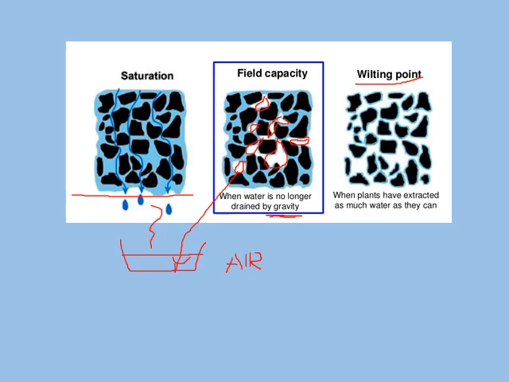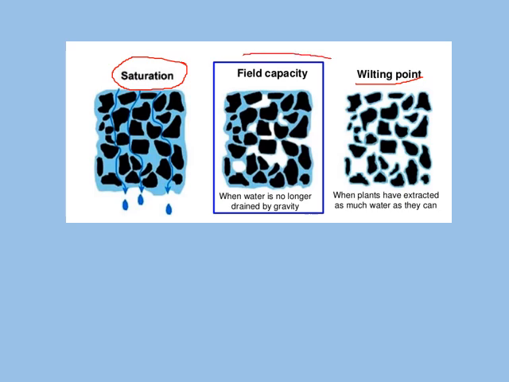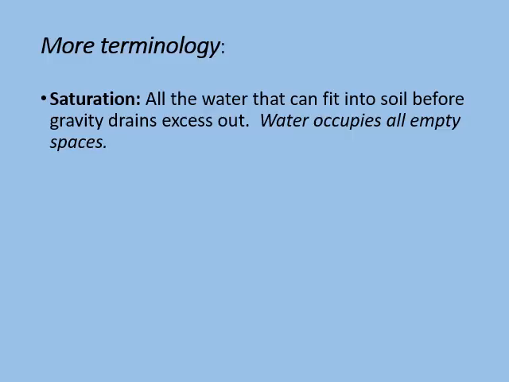So I need you to know the differences between field capacity and saturation. And that's what that lab experiment, which you'll be looking at in the folder later, will help to clarify for you, hopefully. So, again, saturation, all the water that can fit into soil before gravity drains the excess out.